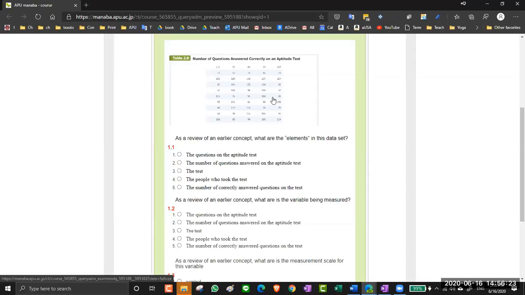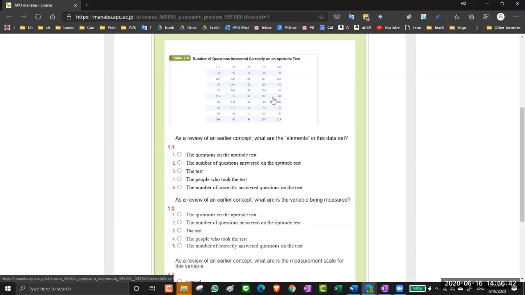We could just go on forever and ever. Those are the different attributes, many different attributes for each individual. The individuals there are, I guess, the students or the people who took the test, right?